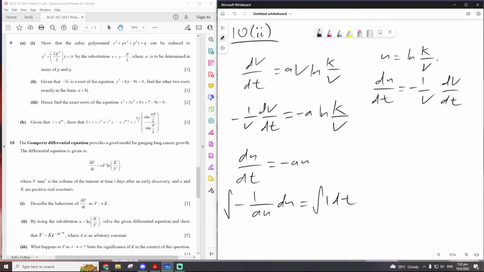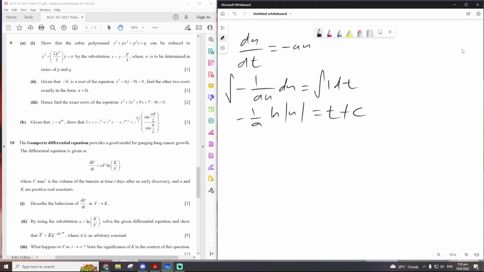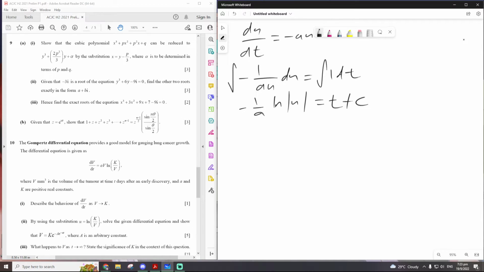You get minus 1 over a ln mod u equals t plus c. So ln mod u equals minus at minus ac.